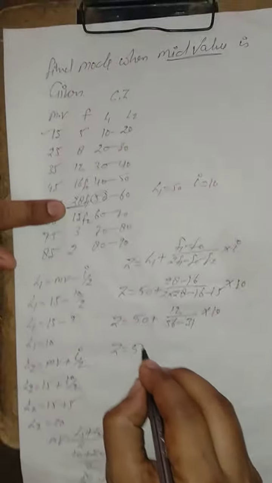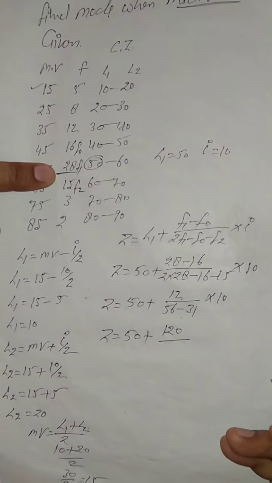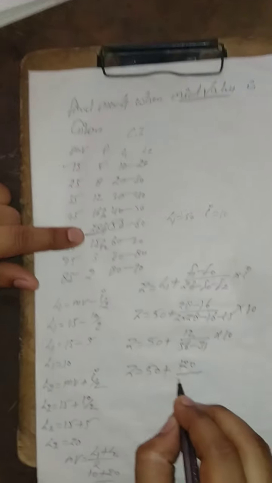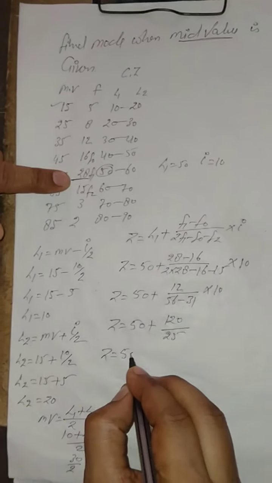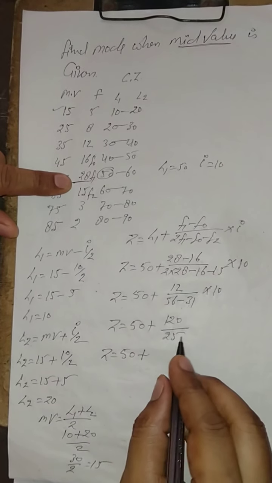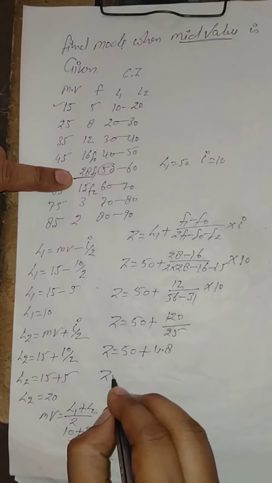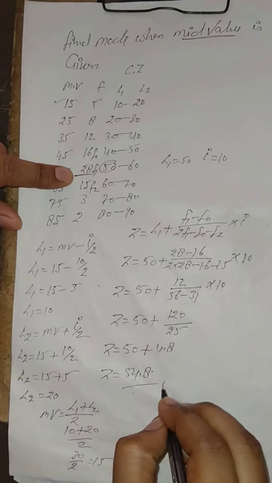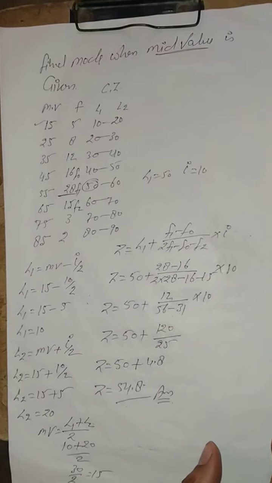So Z is equal to 50 plus 120 divided by 25, since 56 minus 31 is 25. So Z is equal to 50 plus 4.8. Z is equal to 54.8. That's your answer. Clear beta?